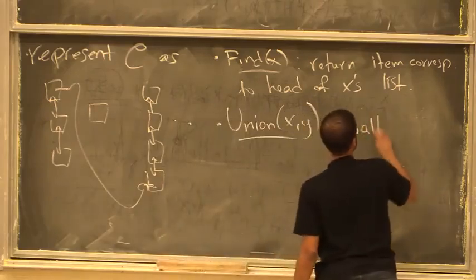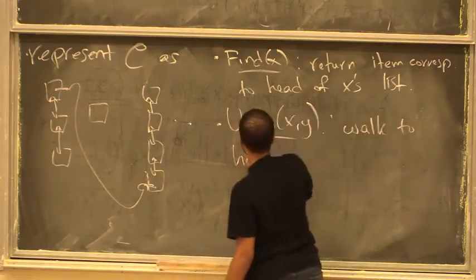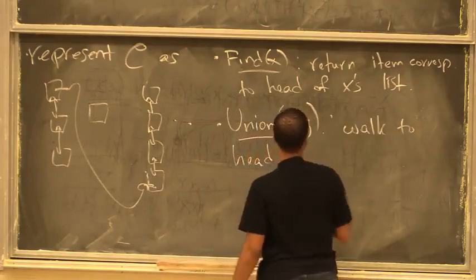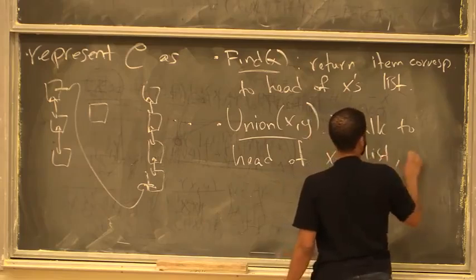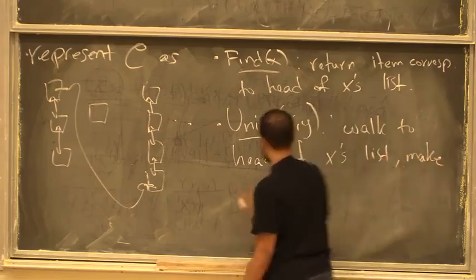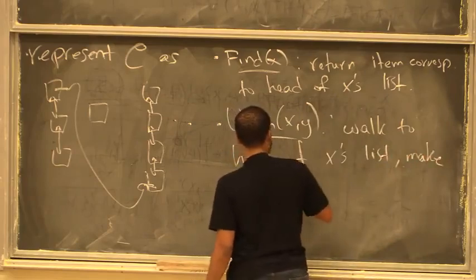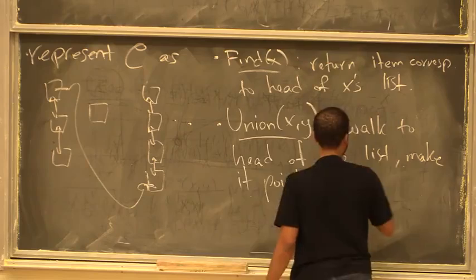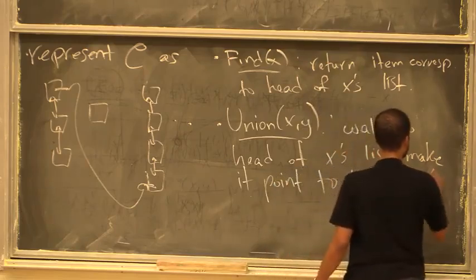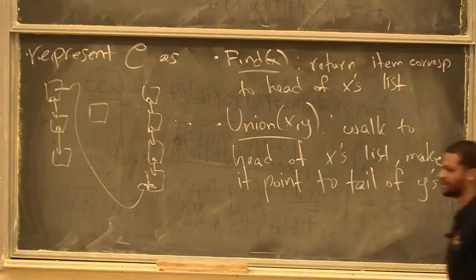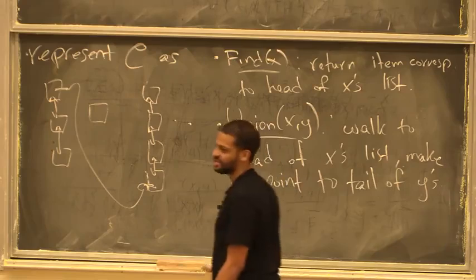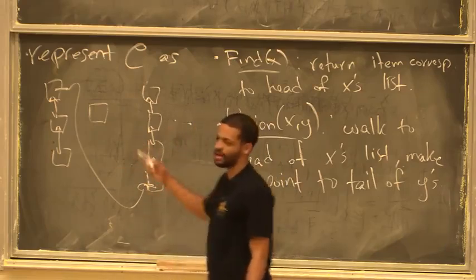So walk to the head of X's list and make it point to the tail of Y's. Okay? So this is where I'm using a doubly linked list. From Y I'm walking down, from X I'm walking up.